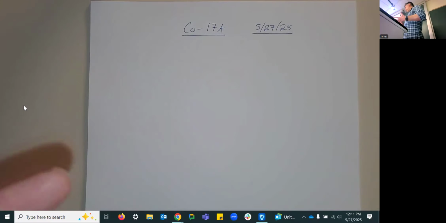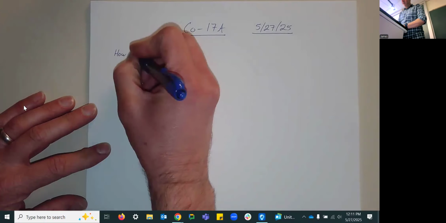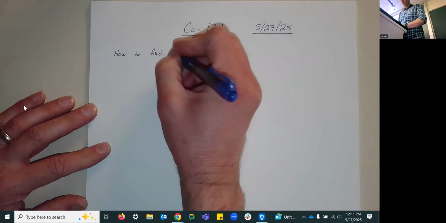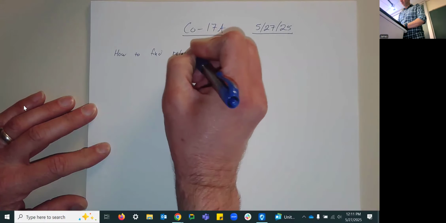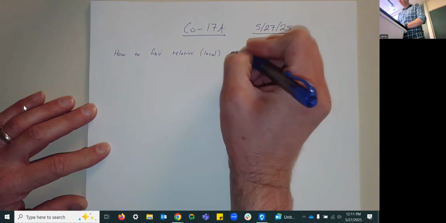We're going to talk about graphing today, and there's kind of a lot of things involved with graphing. So before we get there, we should probably talk about how to find relative, also known as local, maxima and minima.